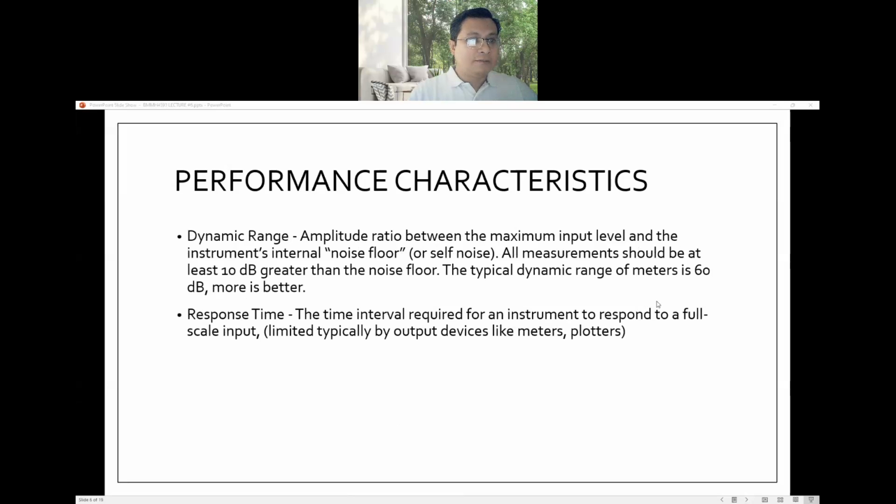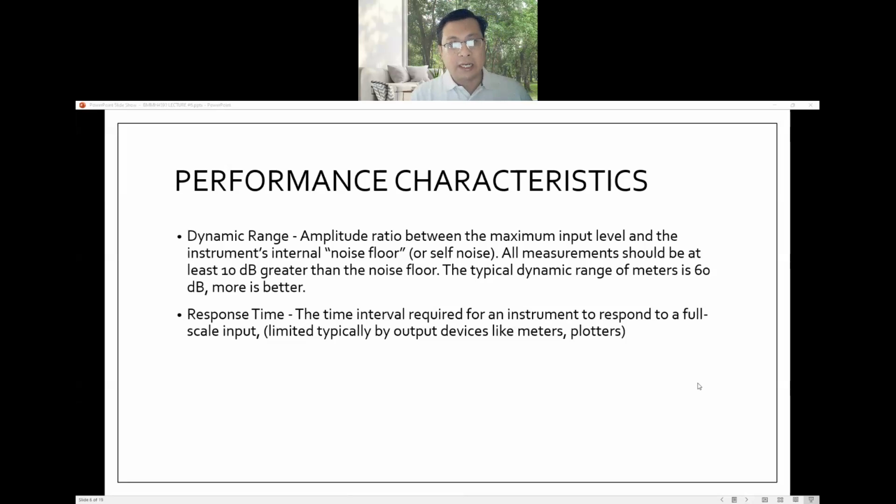Performance characteristic, the dynamic range: the amplitude ratio between the maximum input level and the instrument's internal noise floor, or self noise, for measurement should be at least 10 dB greater than the noise floor. The typical dynamic range of a meter is 60 dB, more is better.